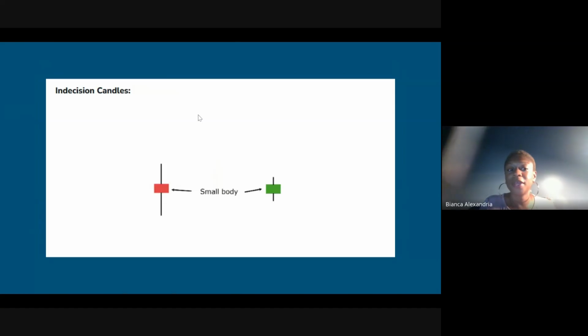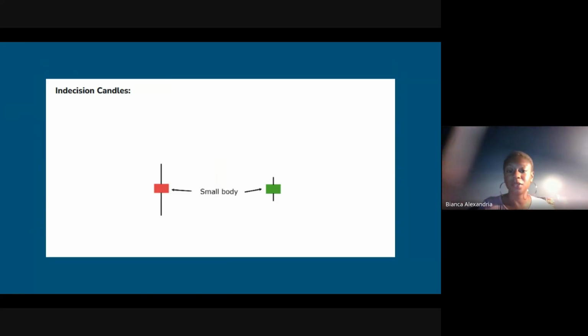And on the inverse, indecision candles usually have low volume, and they can possibly indicate a false move or a trap. So this candle right here, even though it's red, bearish, and has a lot of wicks on the top and the bottom, we may not know. Price is still printing as a bearish candle, but this doesn't necessarily tell me that it wants to continue to sell, because there is some type of indecision or imbalance.